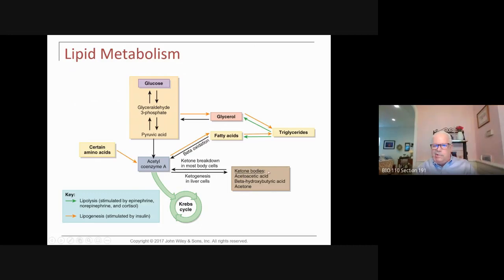Ketone bodies have a sweet smell to them. So if you're urinating and you smell something sweet, that means you have ketone bodies in your urine. That means you're breaking down fat. You're either starving, fasting, or you've got an endocrine disease. No, basically, you have diabetes.